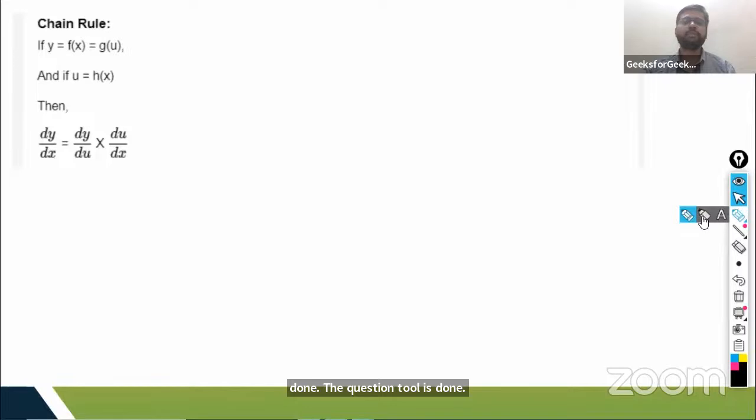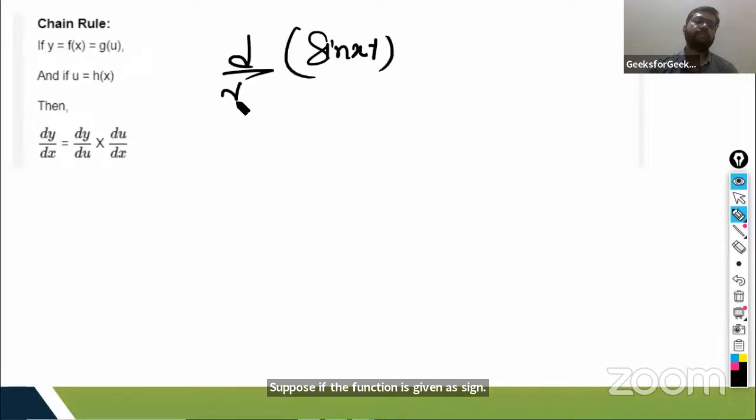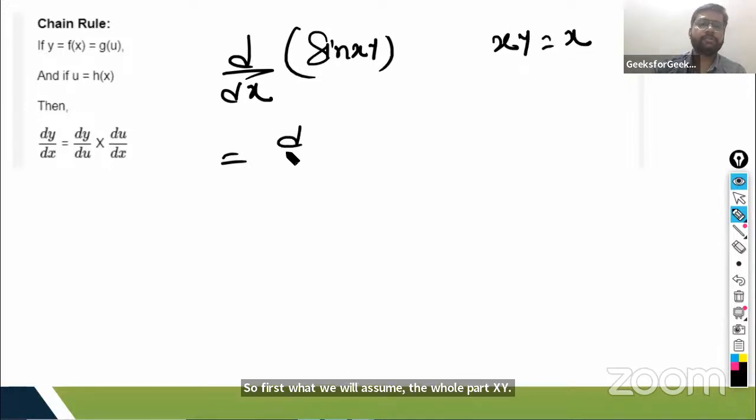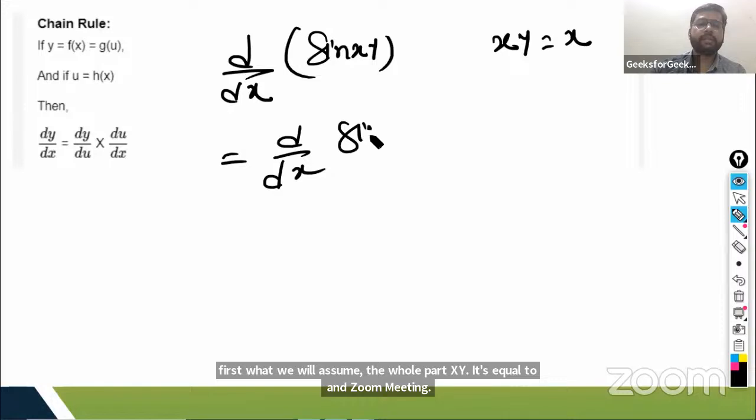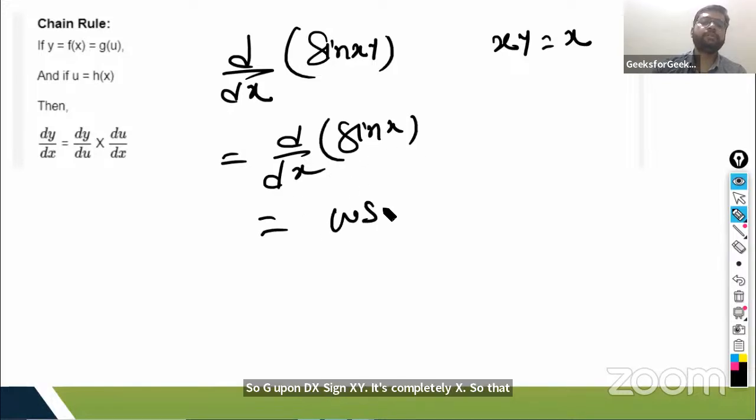Next, the chain rule. Suppose the function is given as sine of xy, but we have to do the differentiation with respect to x only. So first, we will assume the whole part xy is equal to x only. So d upon dx of sine xy, treating it as x, will be cos x.